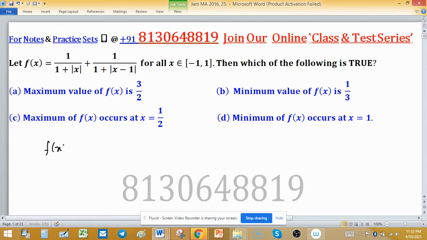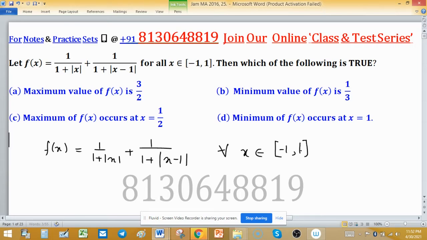As f(x) is 1 upon 1 plus mod x plus 1 upon 1 plus mod x minus 1, and this is true for all x in the closed interval -1 to 1.